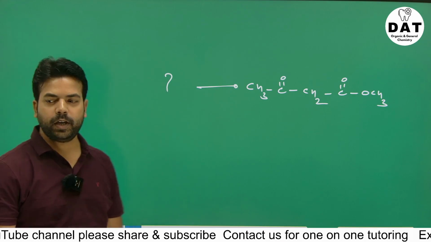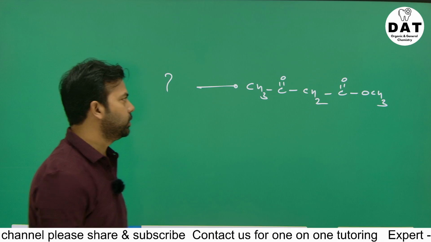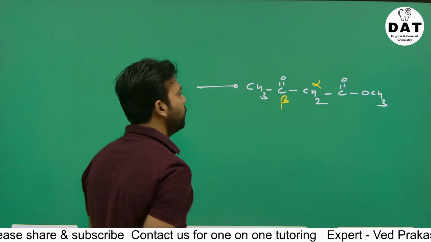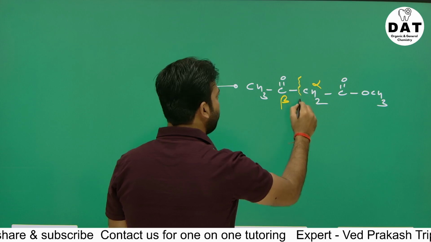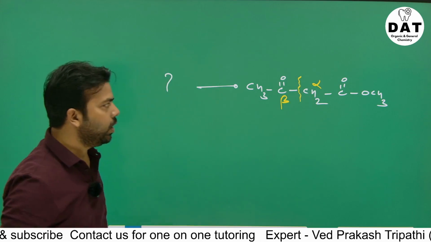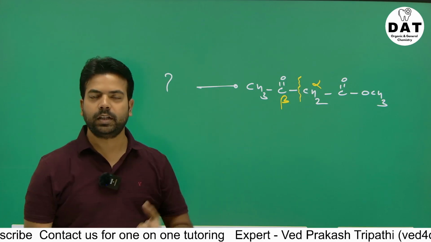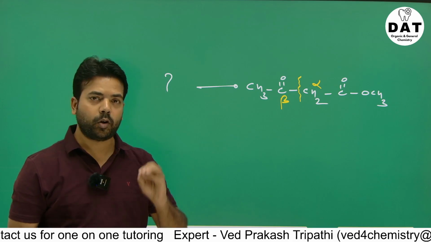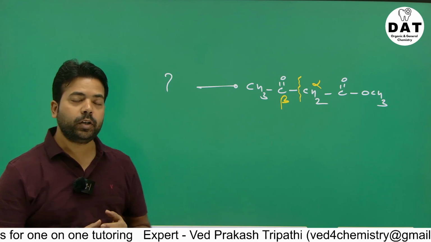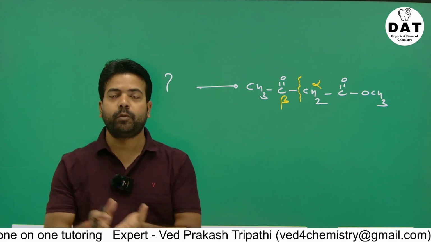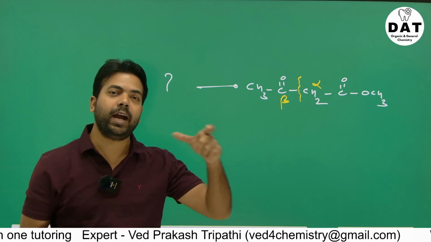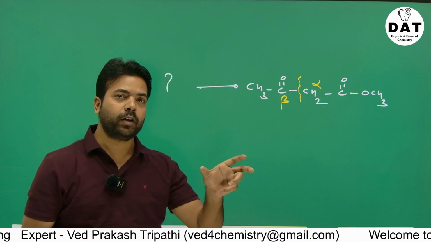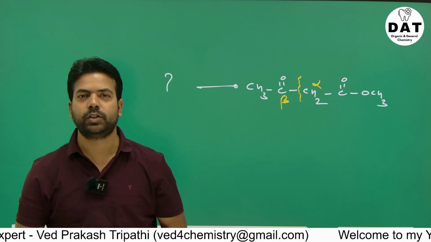So simply we have to break the alpha-beta bond. This is the ester, so the ester's neighbor is alpha, and alpha's neighbor is beta. So break this bond, the alpha-beta bond. We know that in Claisen condensation we remove an alcohol molecule from reactant to product. So once you have a product and you have to figure out the reactant, then you have to add alcohol. Make sense? So reactant to product is removal of alcohol, and product to reactant is addition of alcohol.